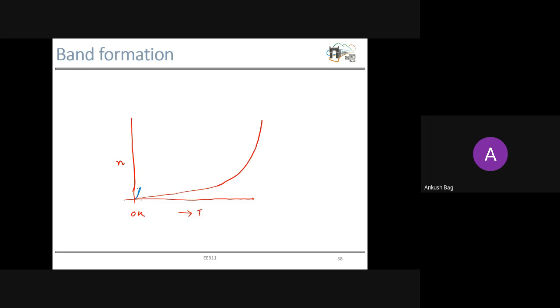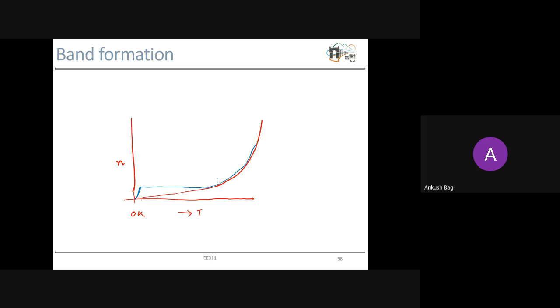So then what is happening? Most of the arsenic atoms or the donor atoms will donate that fifth electron. So now this carrier concentration will remain almost constant. And after a certain temperature, once again it will start increasing.